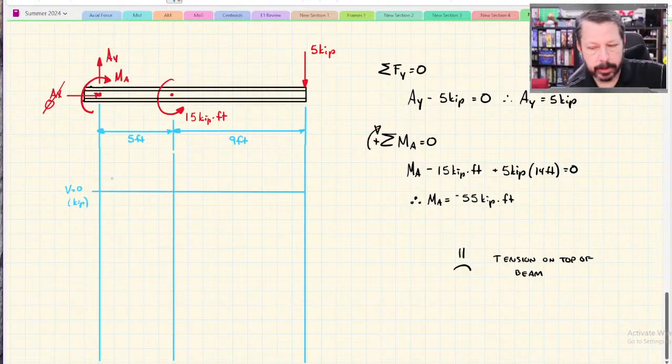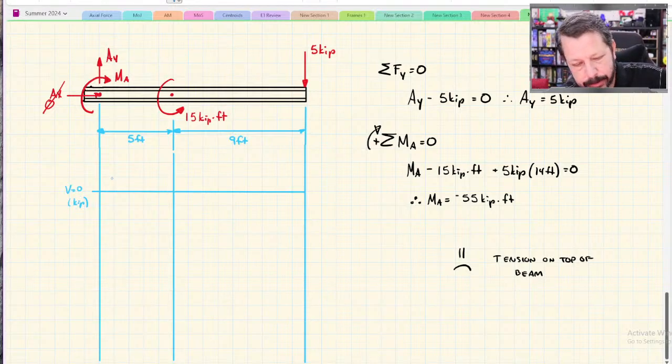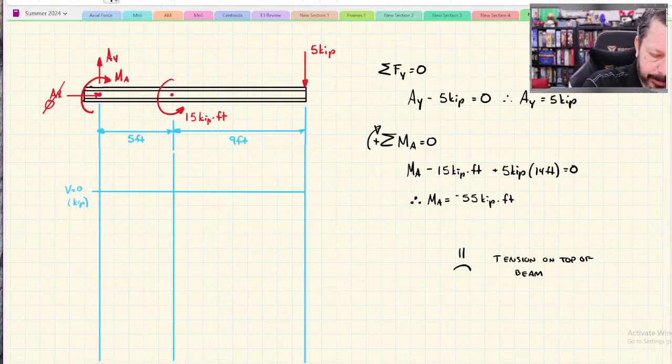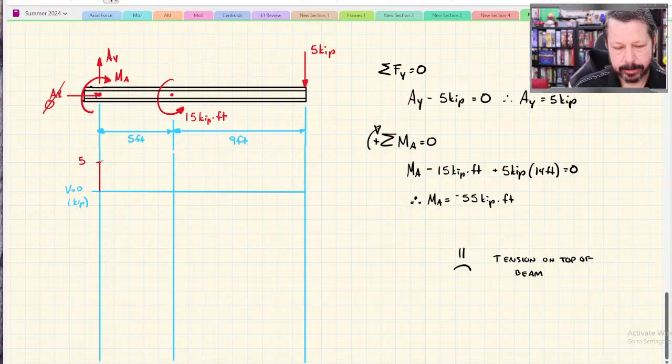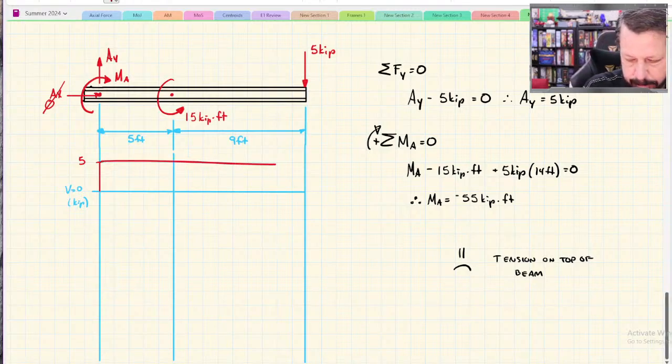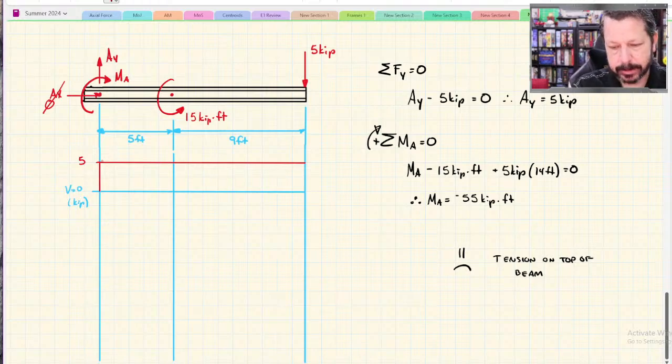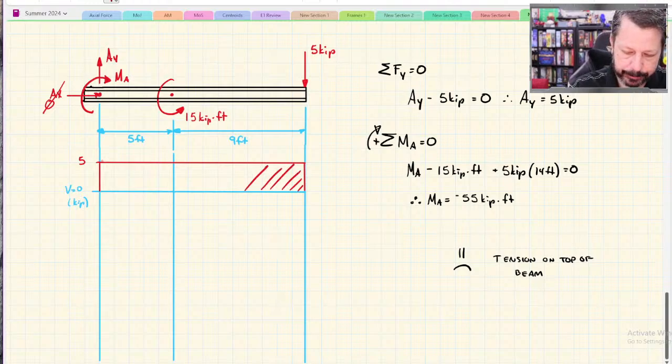It looks like we're going to go up to 5 and then down to 5. So not a whole lot going on there. We'll just mark 5 kips. And we go up to 5. And then the concentrated moments don't do anything. So we go straight across, we get to the -5, and we go straight down. So very uneventful shear diagram, but that's what it is.